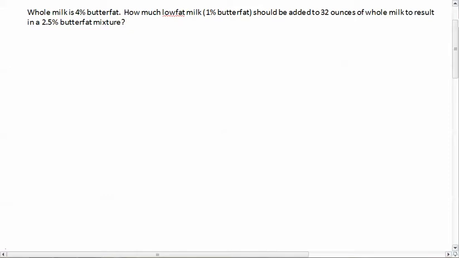All right, so what we need to do is take the weighted whole milk and add the weighted low fat milk, and that needs to give us the total 2.5% mixture.